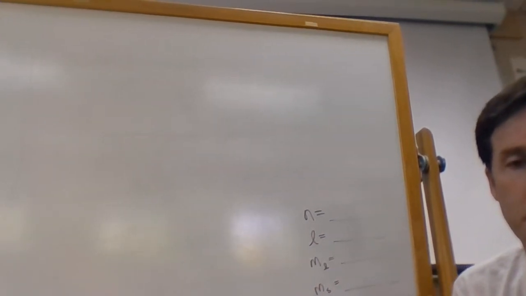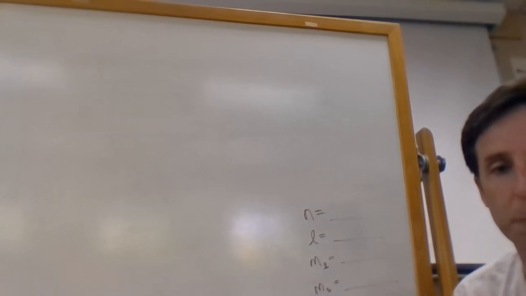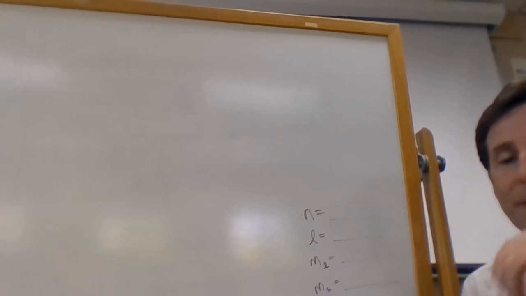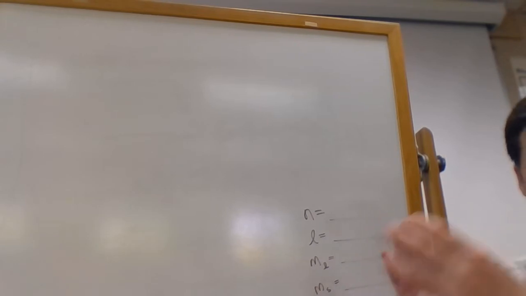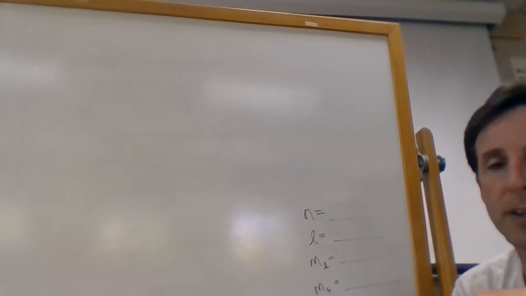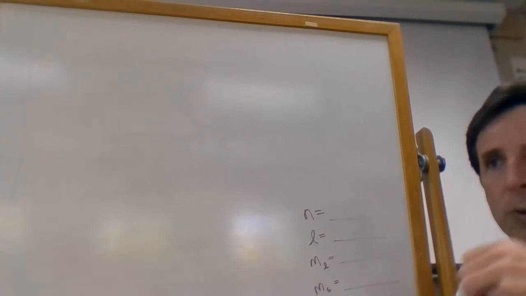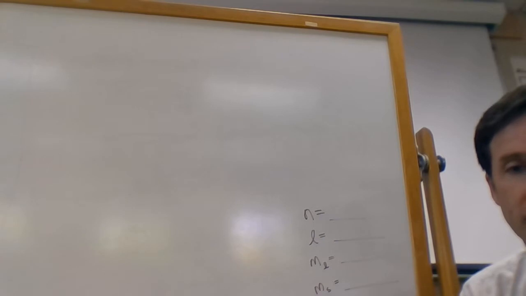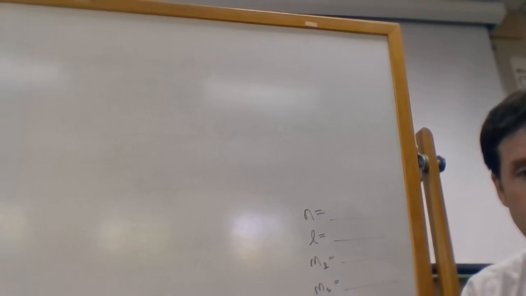The idea of quantum numbers is, when we talk about the different types of orbitals, the s orbital, the p orbitals, the d orbitals, and all that kind of stuff, we have to remember that while we can look at a picture of what the orbital looks like, it's a representation of a mathematical probability function where physicists are calculating the most likely regions of space where you would find an electron.